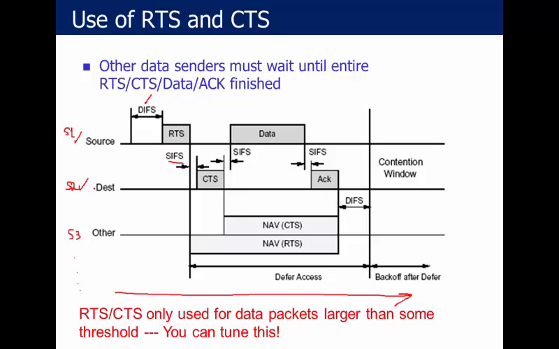And then the destination also waits some time. Although it receives at this time, a SIFS, time is needed. So the short interframe space, that much time needs to be waited. And after that, send out CTS.